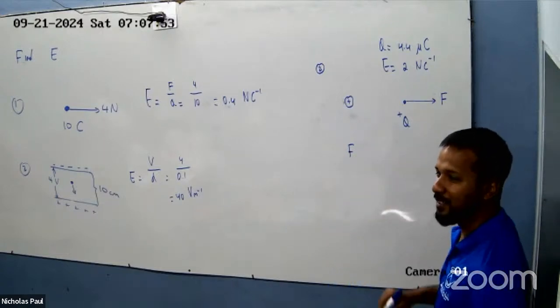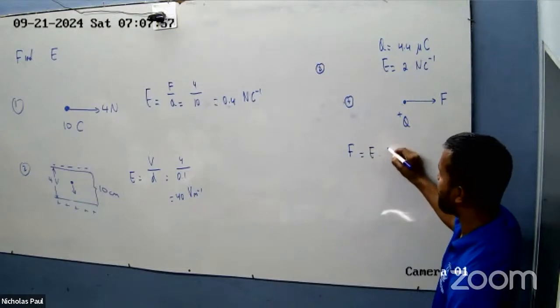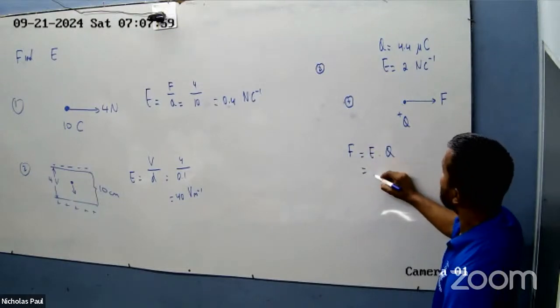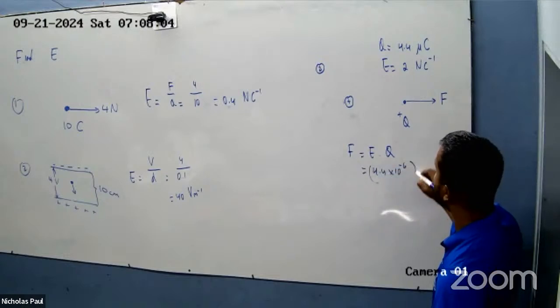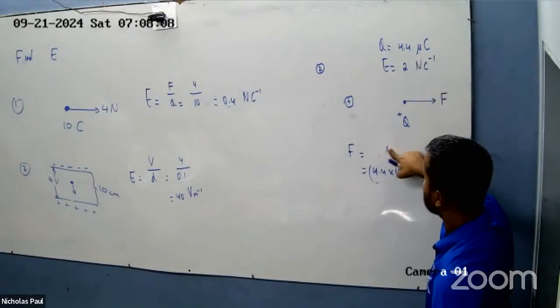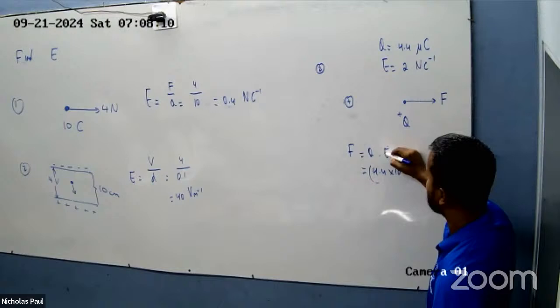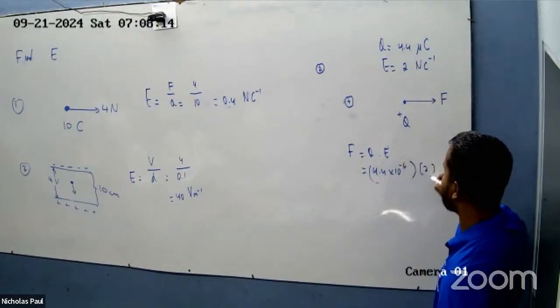Alright, so F is what? F is equal to charge times electric field strength. The charge is 4.4 by 10 to the minus 6 and the electric field strength is 2.